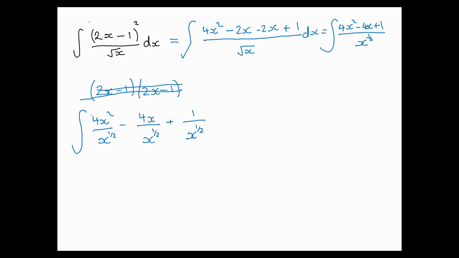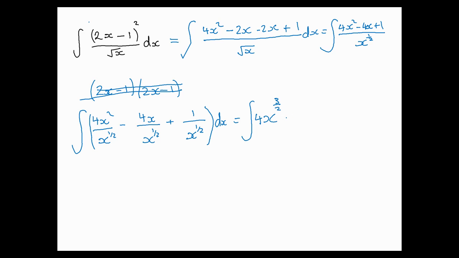So we're just splitting up the fraction into 3 different parts, dx. And again, simplifying, we have 4x to the power of, well, here we're dividing so we can subtract the power. So 2 take away a half is 1.5, which is the same thing as 3 over 2.